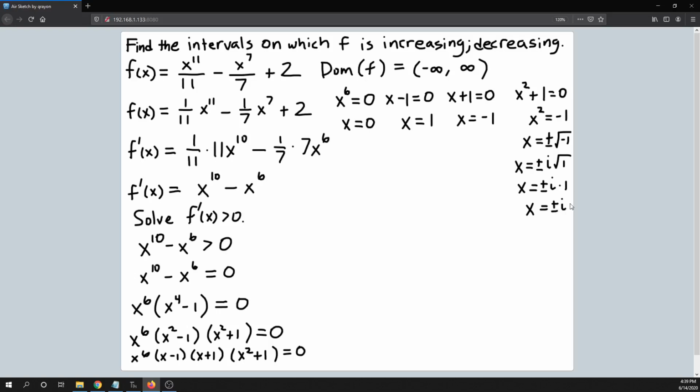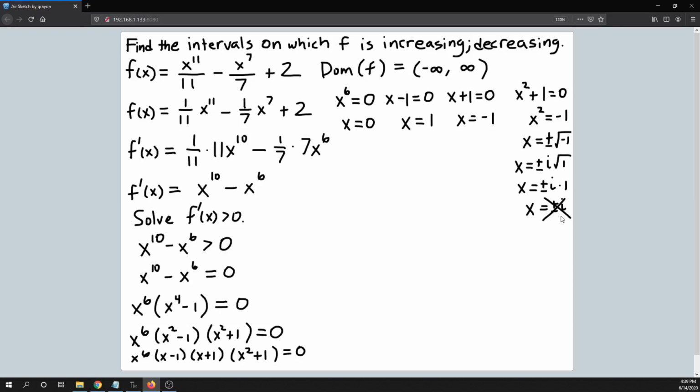Okay. Well, those are complex numbers, and so in this problem, that's not going to factor in. So we would just throw those out.